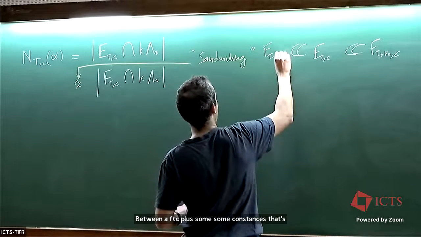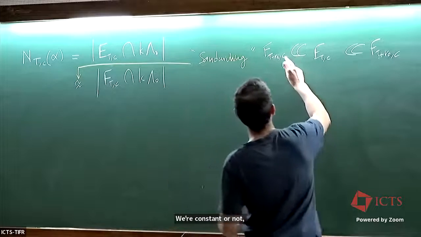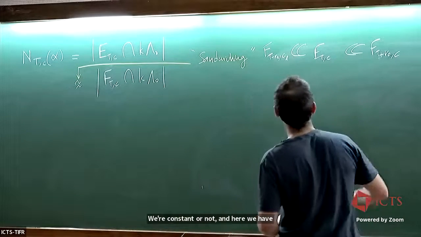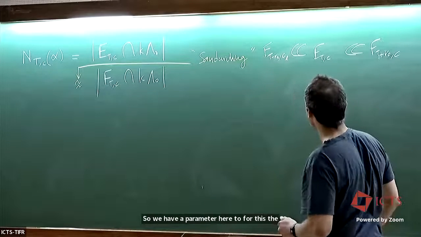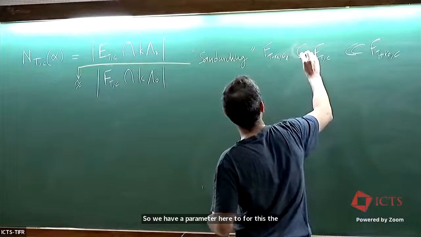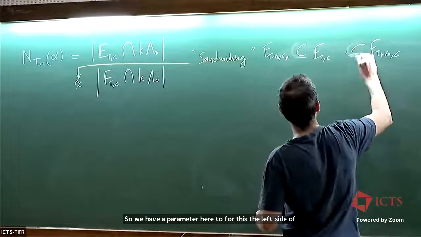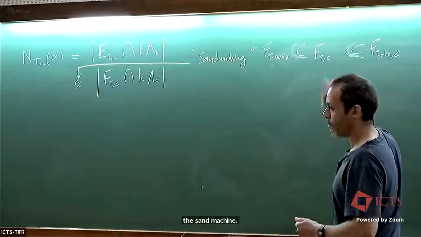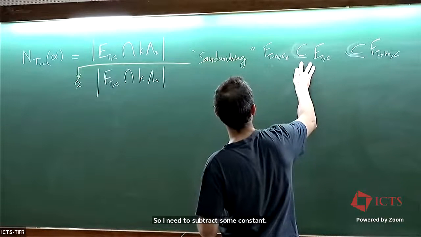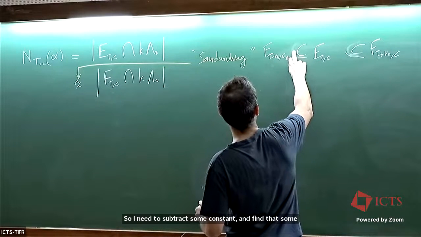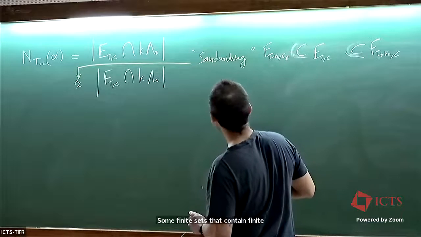For constant R0. And here we have some parameters. So we have a parameter here for the left side of this sandwiching. I need to subtract some constant sets, some finite sets that contain finitely many integer points.